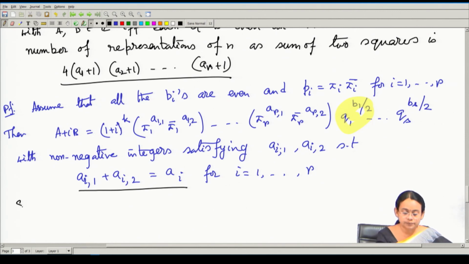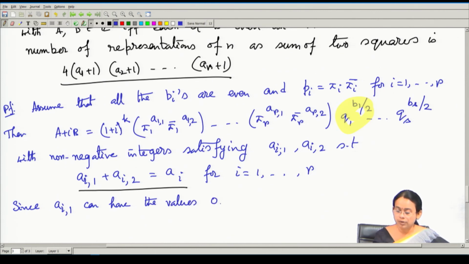Since this a_i1 can have values 0, 1 up to a_i, each of these can have a total of a_i plus 1 many values.